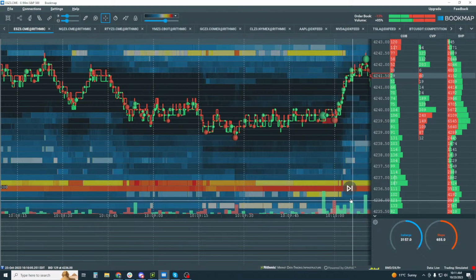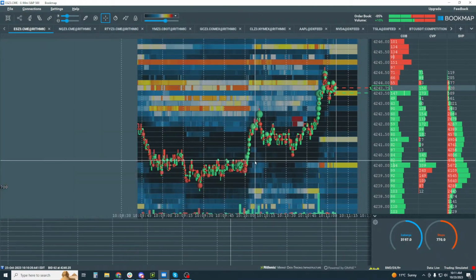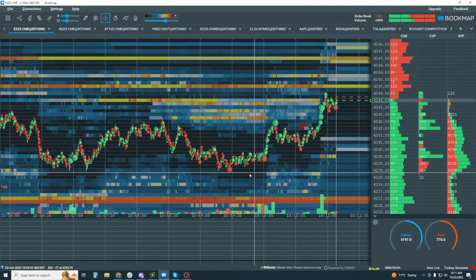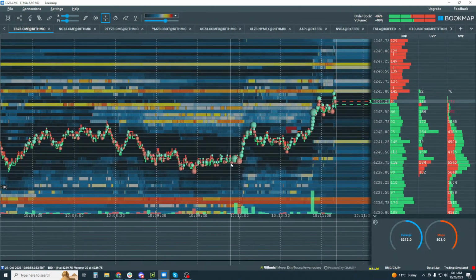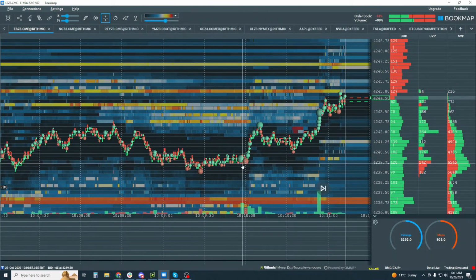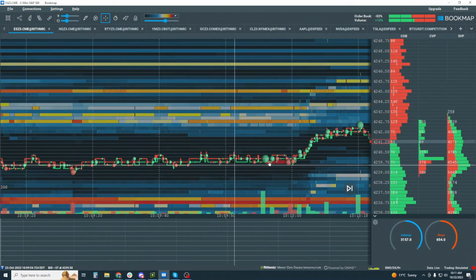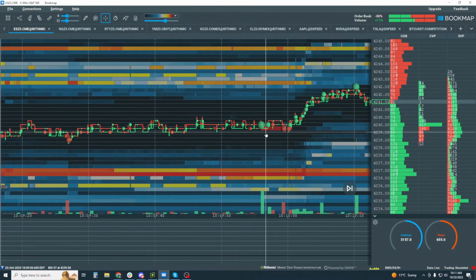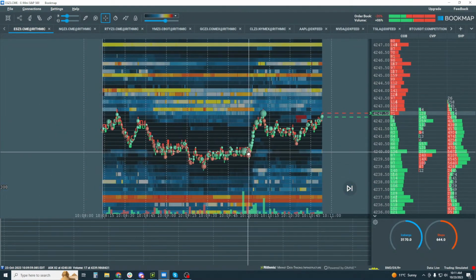Now, what is the reaction after that? Okay, this is where we had an order book imbalance and a skew, and we saw it flash very quickly. We needed to zoom in here. So we were looking for that scenario to unfold down to here and this liquidity. Well, it happened here instead, and we got our answer in here.